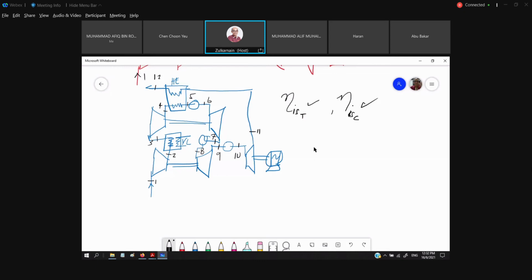Here we have 1, 2, 3, 4, 5. Okay, so meaning that we got 12 plus 5 equal to 17 states. Right? In other words, we have 17 temperatures.